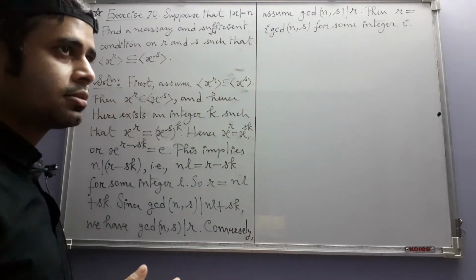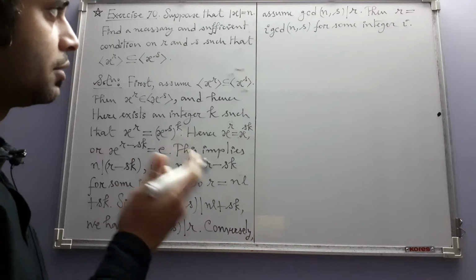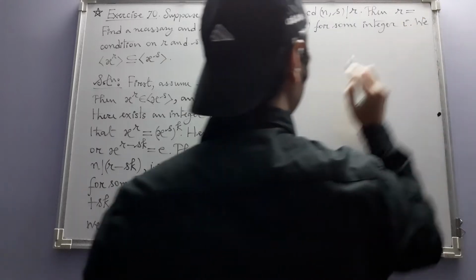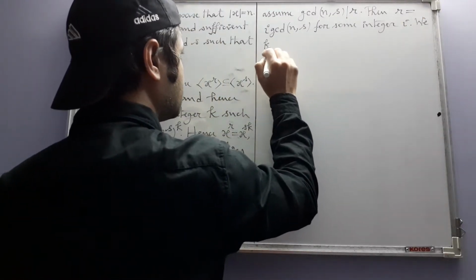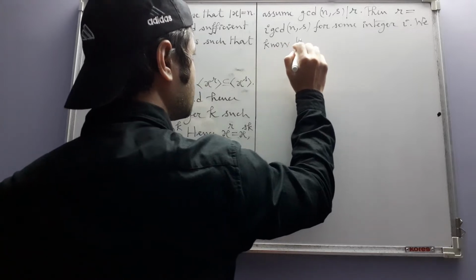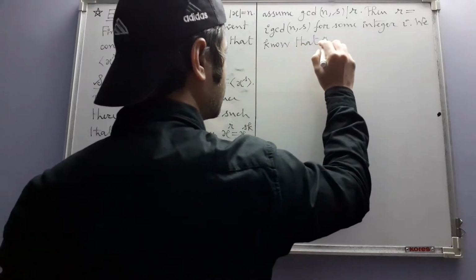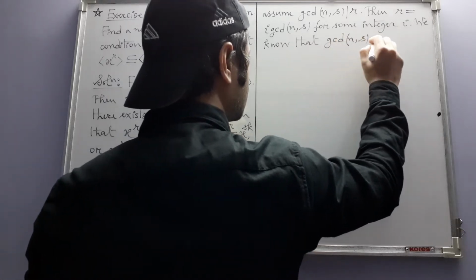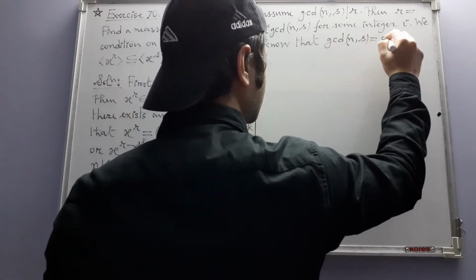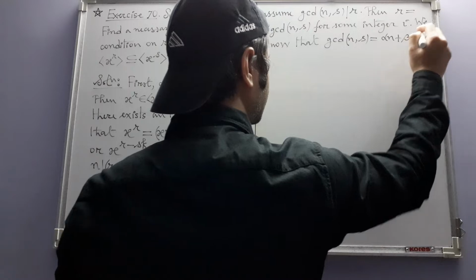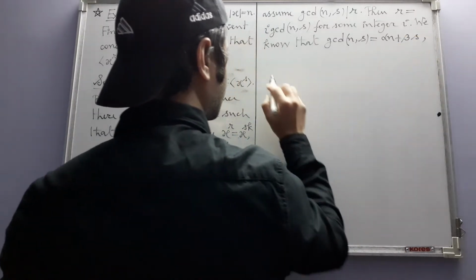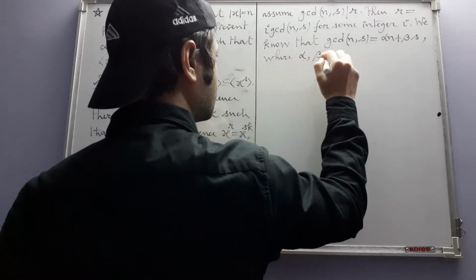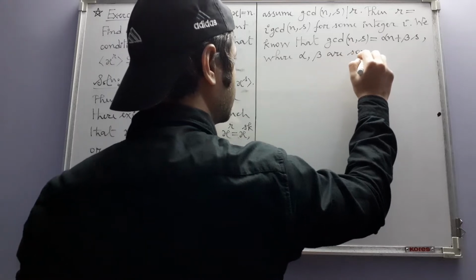But we know that the greatest common divisor itself is a linear combination of the two numbers n and s. We know that this is equal to, say, alpha n plus beta s, where these are some integers.